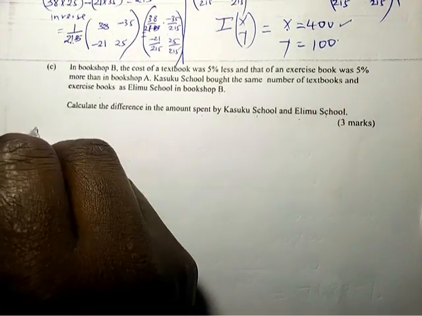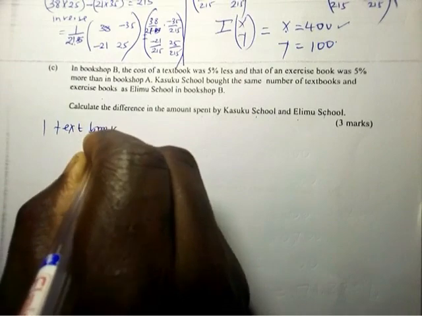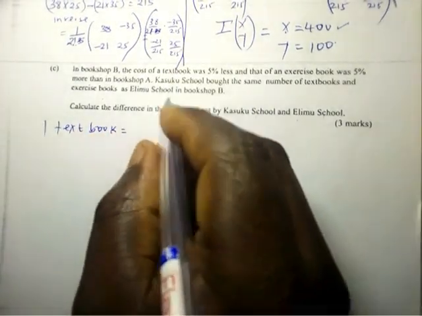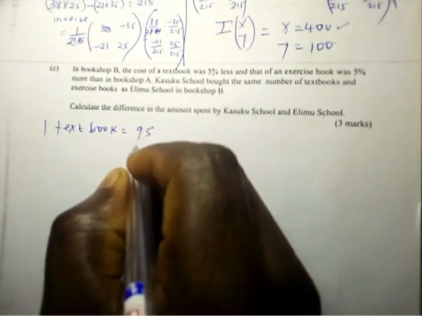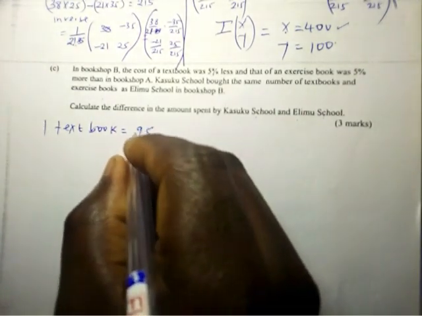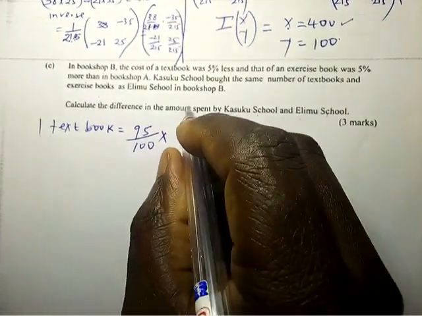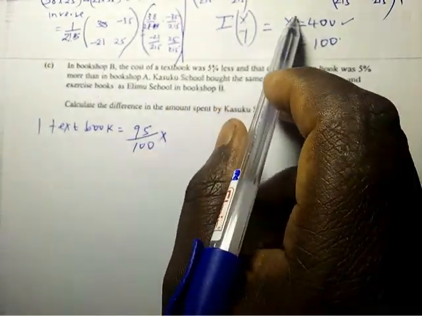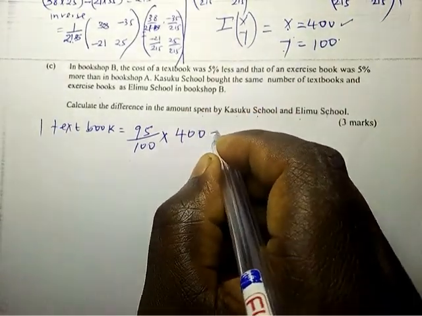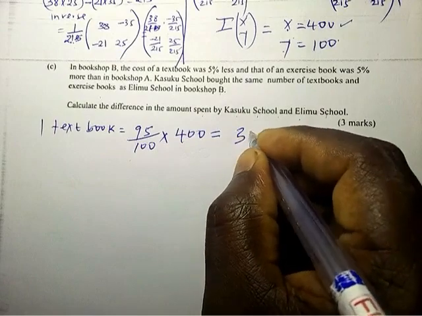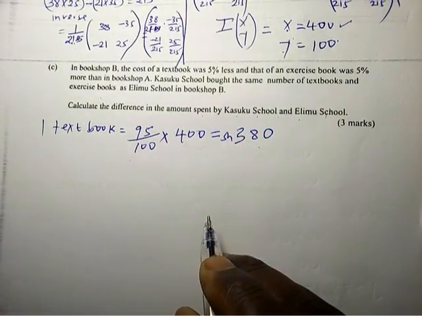So one textbook, they have removed 5% from 100, so it remains 95%. 95% is the same as 95 over 100 times the price, which was 400, so let us see what they will buy it at. So they will buy at 380 shillings, they have removed that 20 bob.